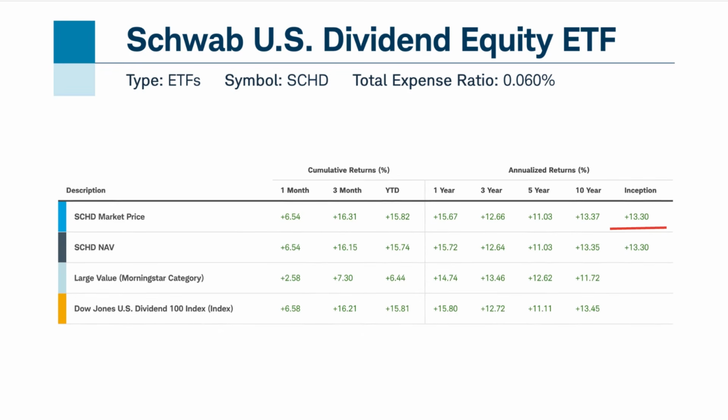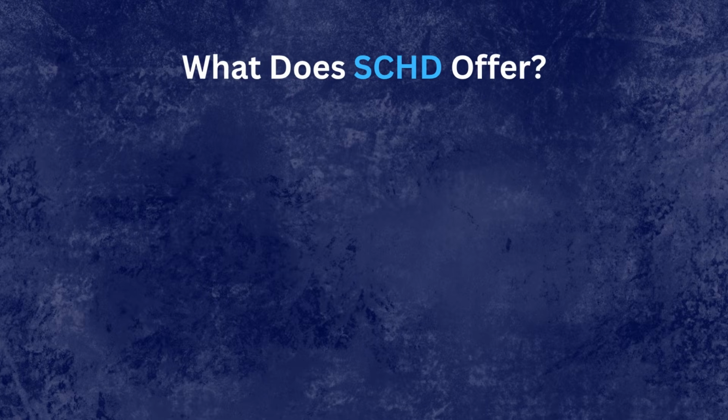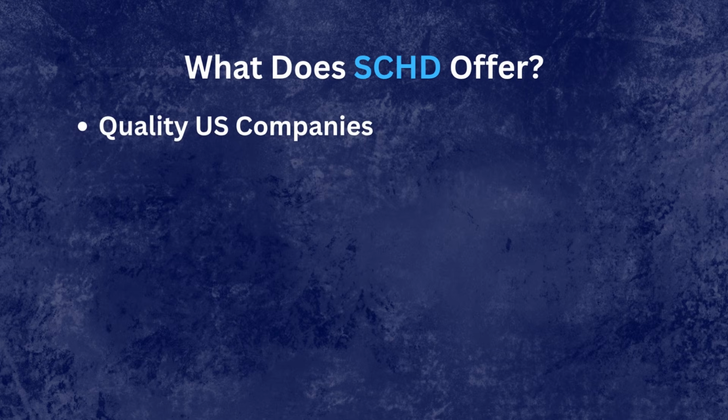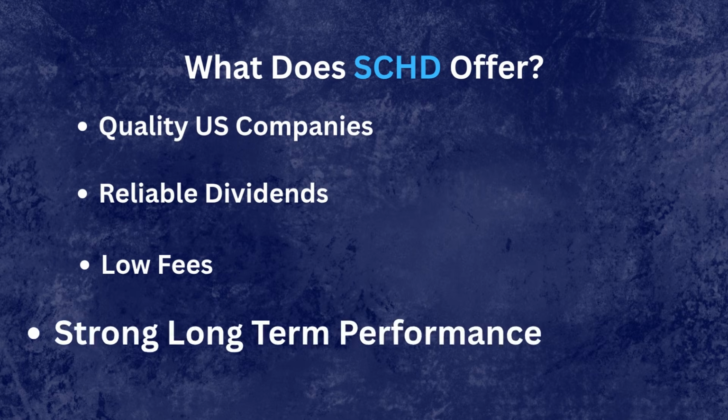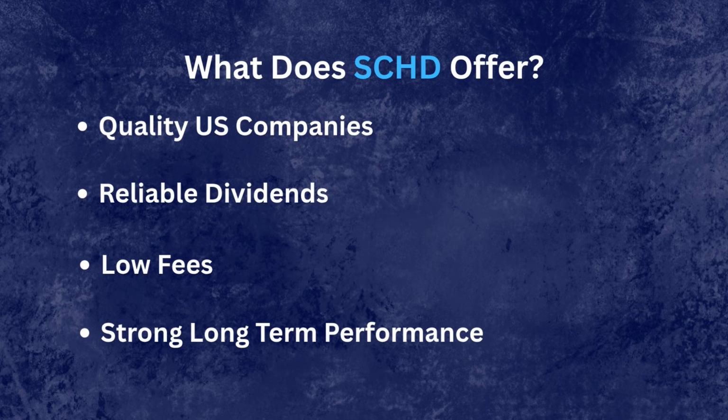That means it hasn't just paid a solid dividend, it has also produced strong, long-term capital growth. So when investors say they want an SCHD alternative, what they're really looking for is something that offers a similar combination of things: quality US companies, reliable dividends, low fees, and strong long-term performance.